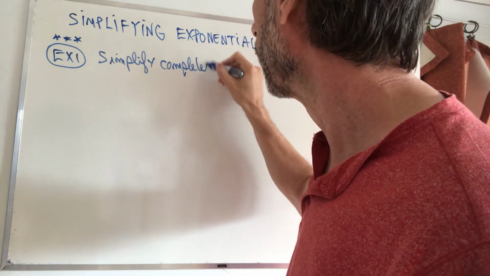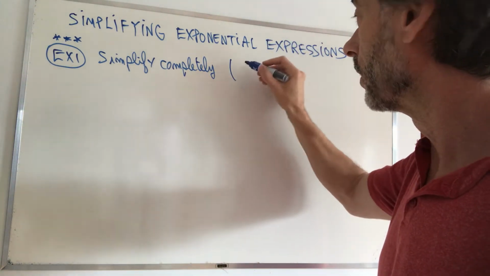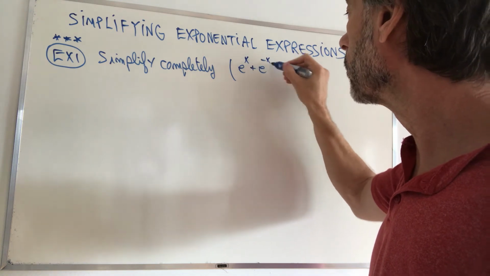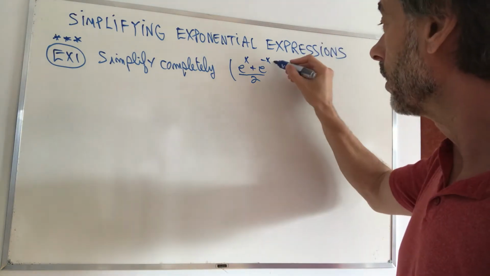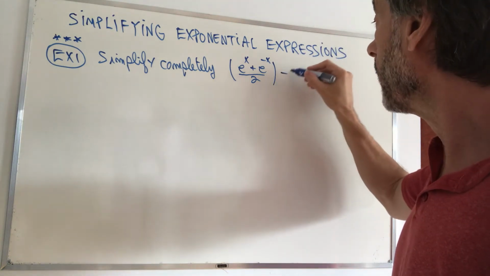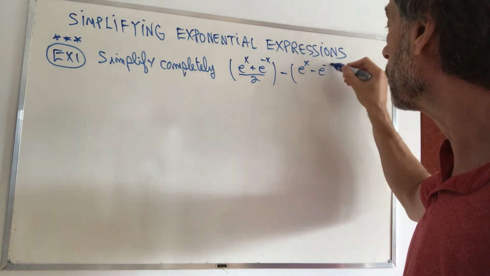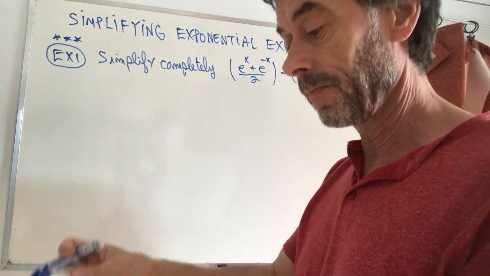Simplify completely the following expression: (e to the x plus e to the minus x over 2) squared, minus (e to the x minus e to the minus x over 2) squared.